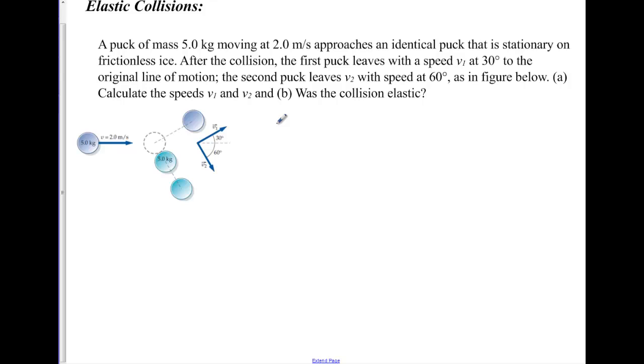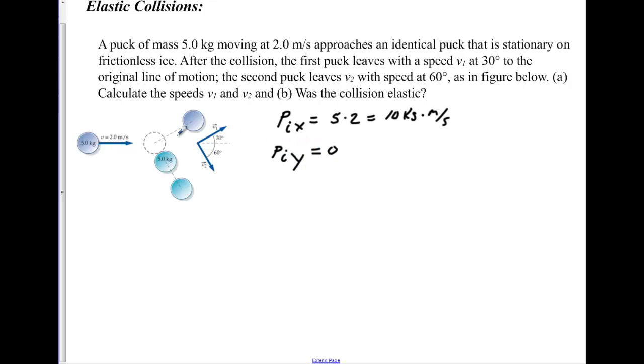So let's take this problem here. We will set up our initial momentum. We know that the initial momentum in the x direction, again, this is only taking place in the initial, would equal 5 times 2, or 10 kilograms times meters per second. Now we're going two directions, so we need to figure out what the initial momentum was in the y direction.